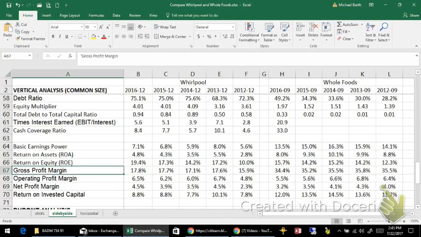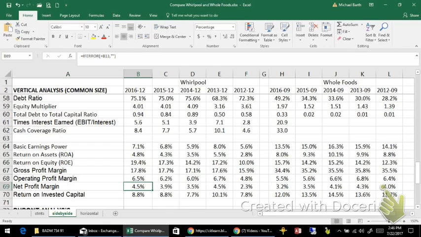All right, so we saw, or you can see if you look at the video on common size statements, the gross profit margin is much lower. It's about half of the gross profit margin of Whole Foods. So gross profit margin for Whirlpool is much lower, but the operating profit margin is a bit higher. Well, they're actually pretty comparable.